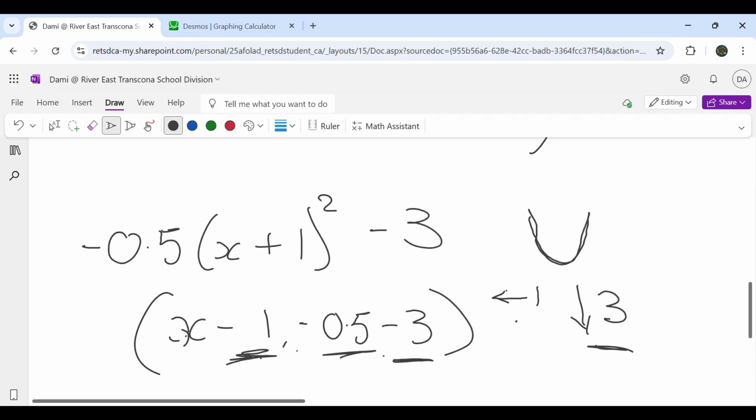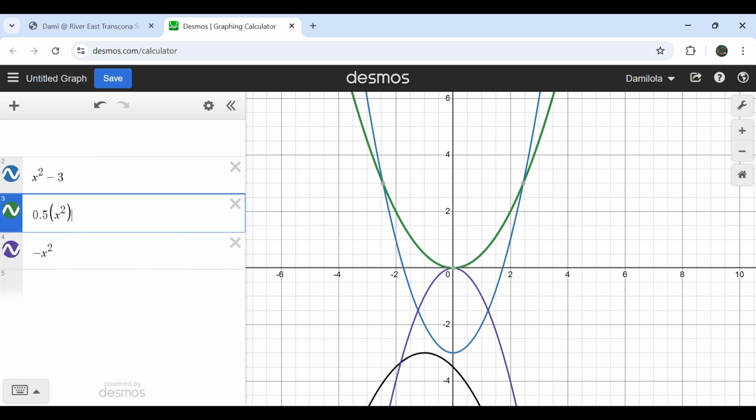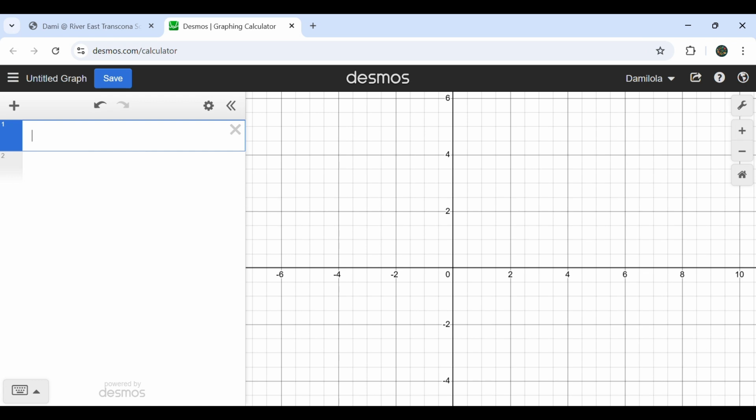Then looking at the green graph right here, we can see it doubled, twice its size, and then it reflected on the x-axis, basically turned around.